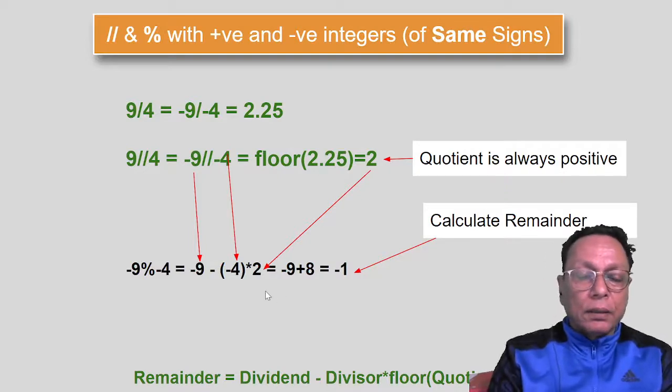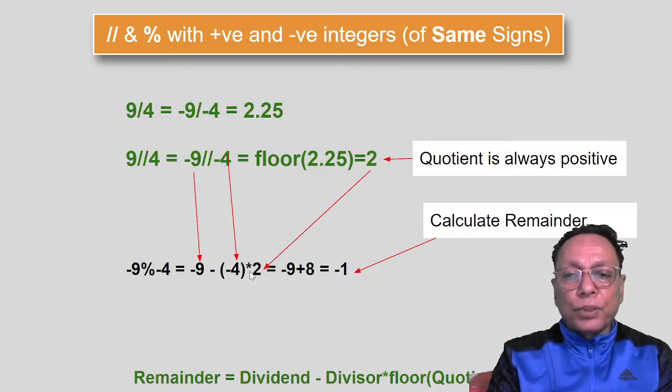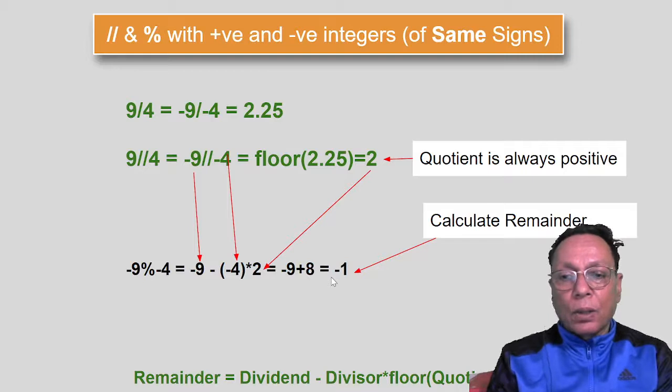So see here, minus 9 and the divisor is minus 4, multiplied by the floor quotient, this is 2. So calculated, minus 9 minus minus 4 into 2, that is plus 8. So minus 9 plus 8 gives you minus 1.